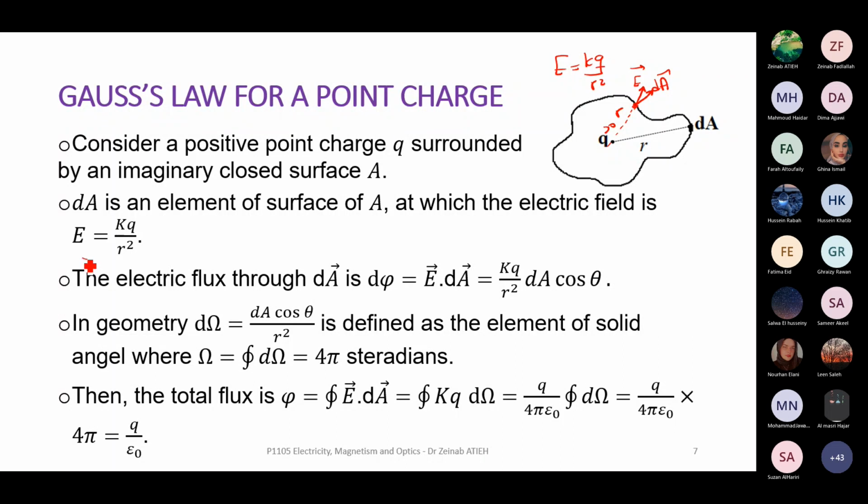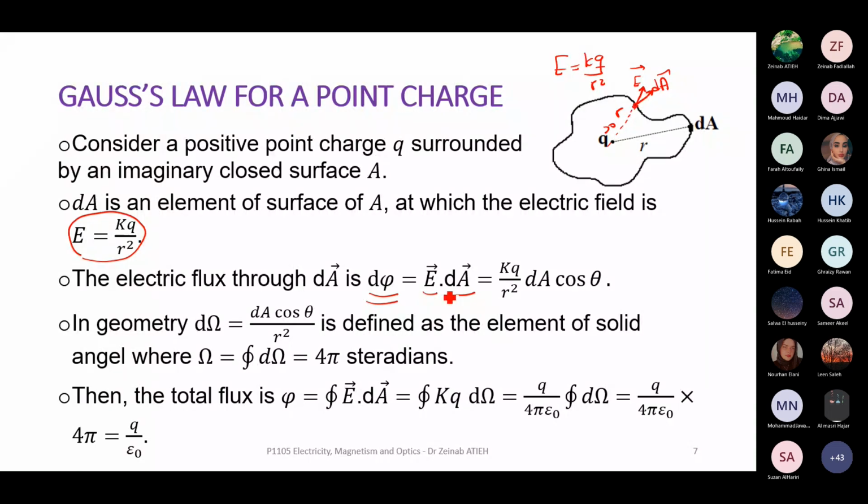This is E. Let's search for the electric flux crossing this small area. We said d phi, the electric flux crossing this small area, is simply E dot dA, because the area is very small, so I can just multiply electric field by area, considering it a very small portion where the electric field is constant. It can be just area times electric field.